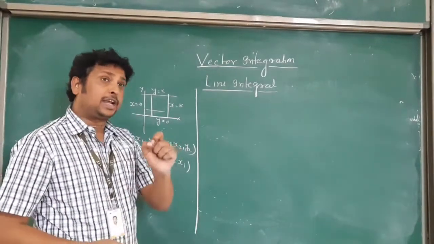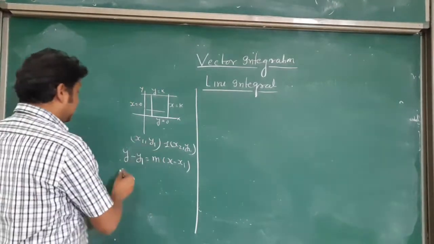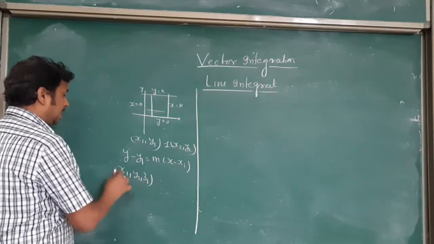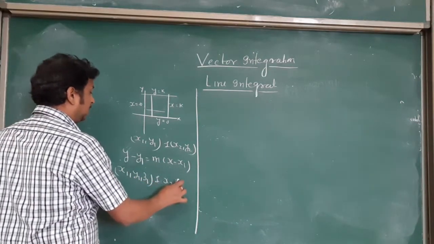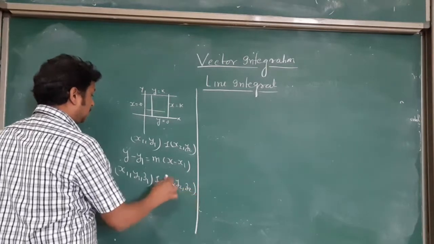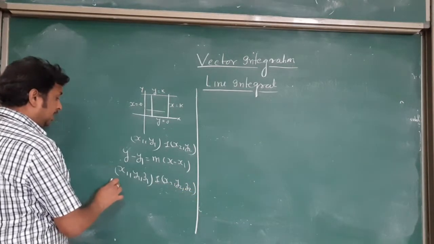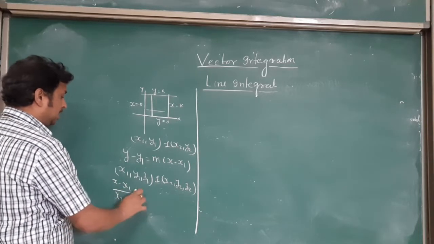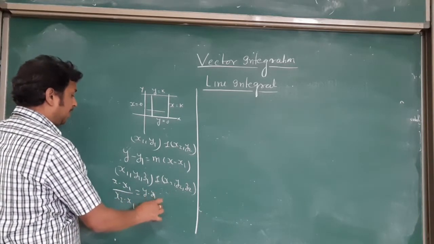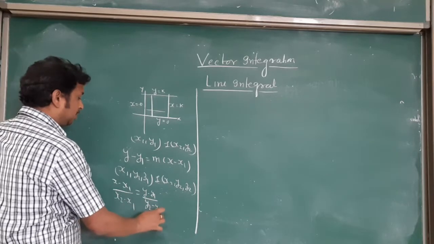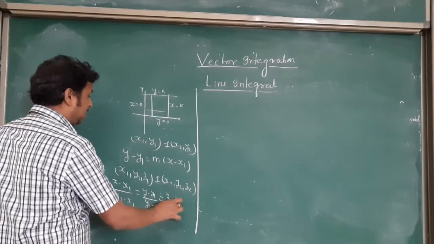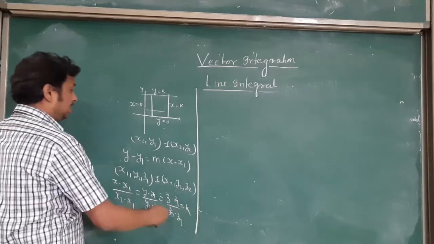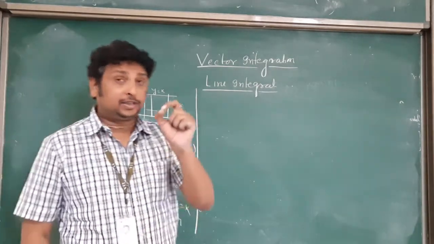Similarly, in 3 dimensions, the equation of the line joining points (x1, y1, z1) and (x2, y2, z2) is (x minus x1) upon (x2 minus x1) is equal to (y minus y1) upon (y2 minus y1) is equal to (z minus z1) upon (z2 minus z1) is equal to k. This is the equation of a line in 3 dimensions.